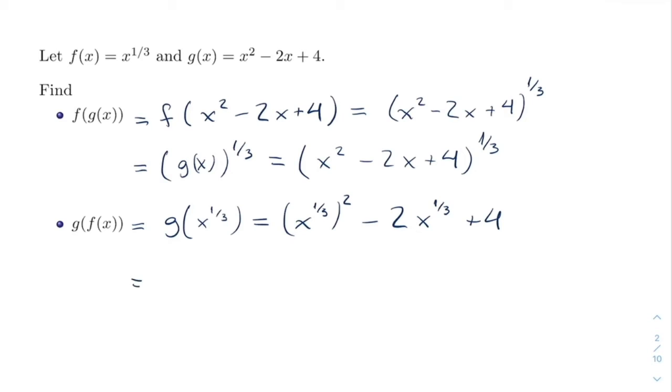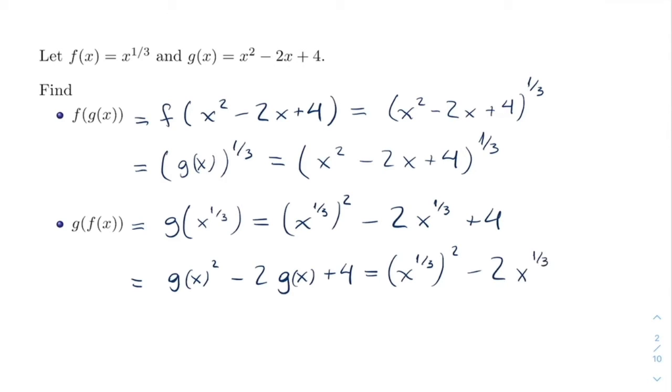Another option is to say that this is equal to g of x squared minus 2 times g of x plus 4, which is working from the outside to the inside. But this again will be exactly the same. So we will have x to the 1/3 squared minus 2 times x to the 1/3 plus 4.